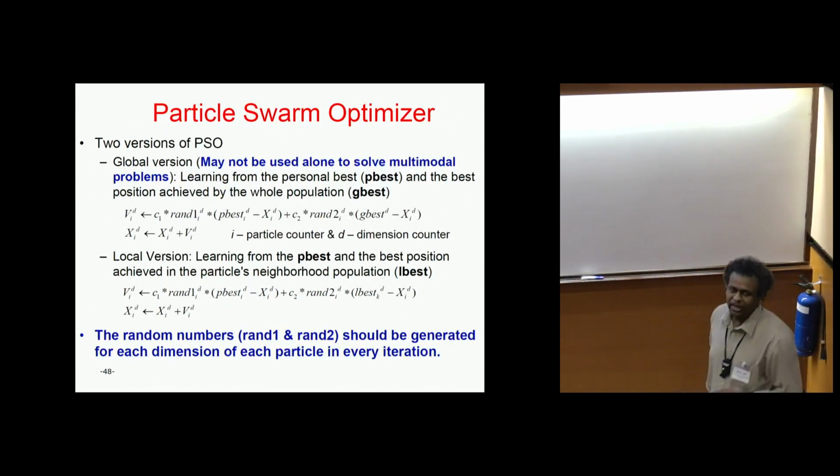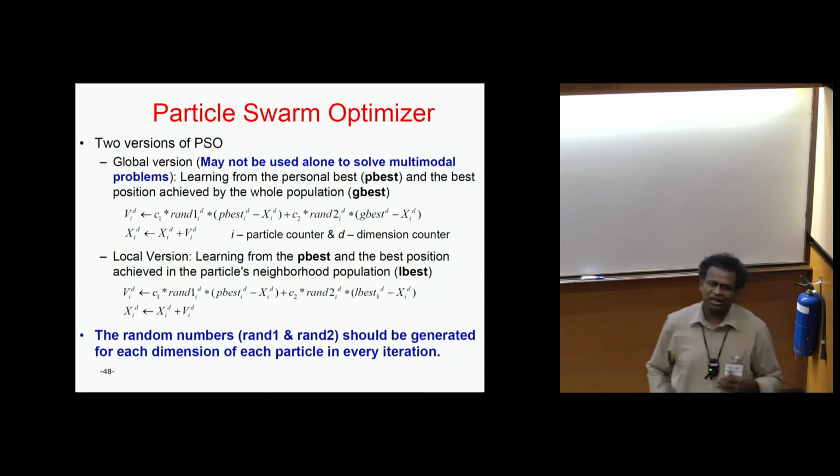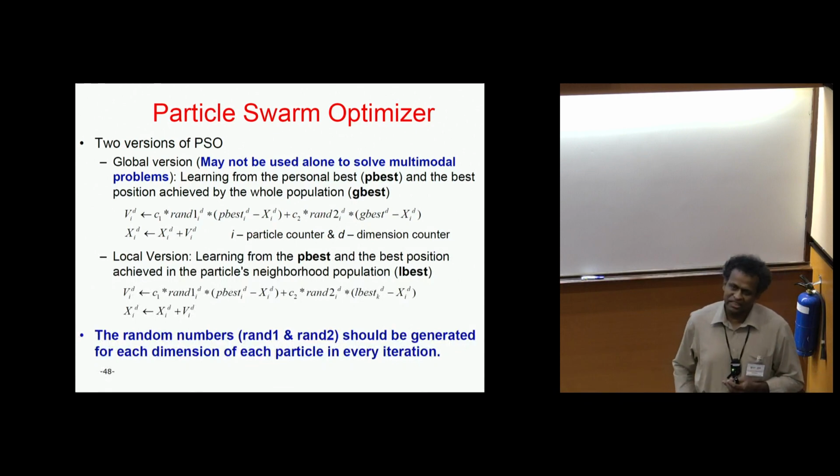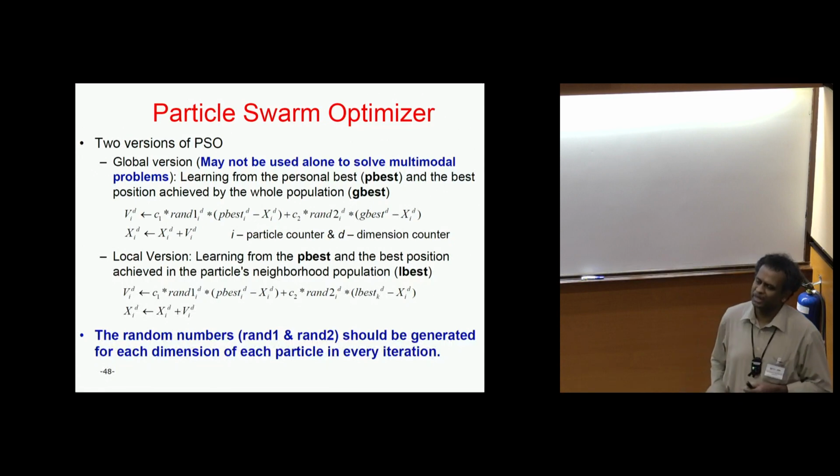So the PSO has two equations. One of them is the velocity update equation. The other one is the solution update equation, the new point. As with all other swarm and evolutionary algorithms, you are going to initialize your particles or your solution candidates in the search space.